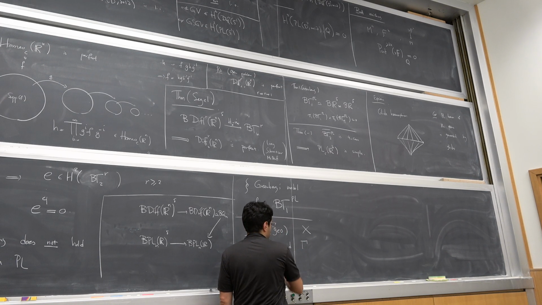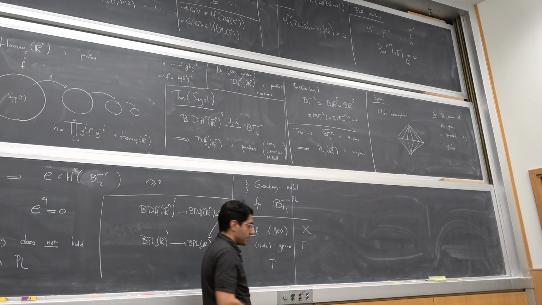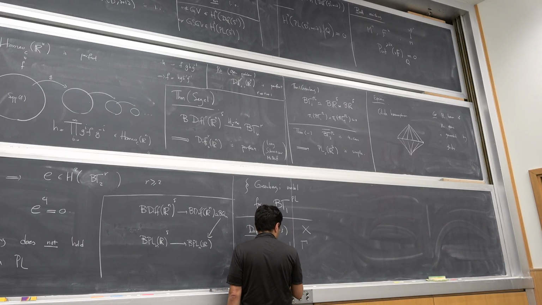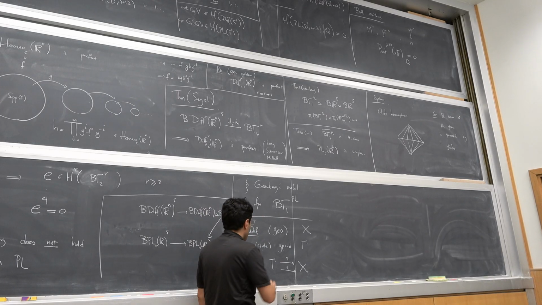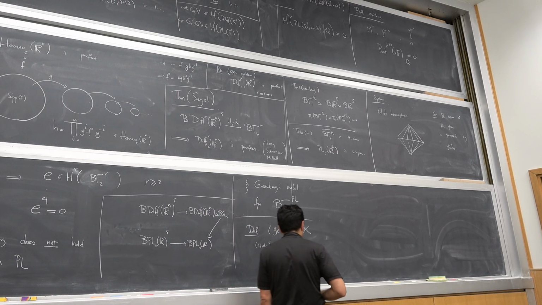So you think of Gamma as the space of morphisms, and you have source and target over a space of objects X. And étale means that S and T are local homeomorphisms.